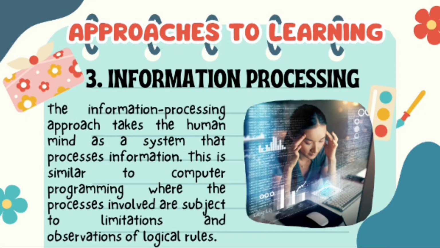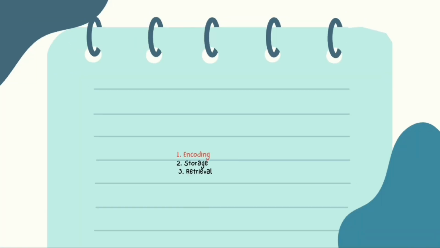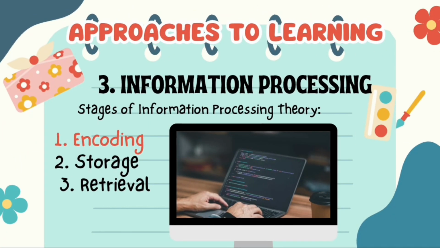So, the first one is encoding. The information enters our brain. So, ang kaning encoding, nisud na ang mga information sa atong brain. Like, na-hear na nato ang information and then it will go inside our brain for the process of storage.